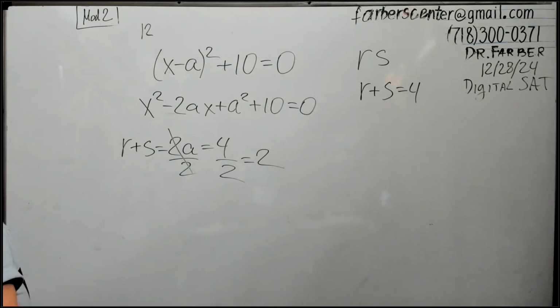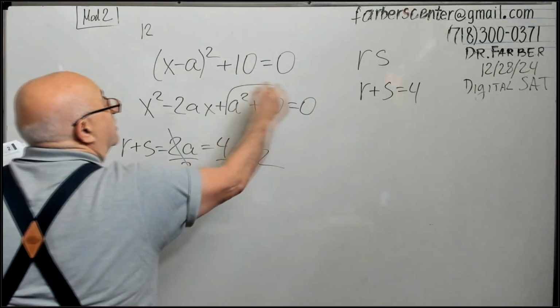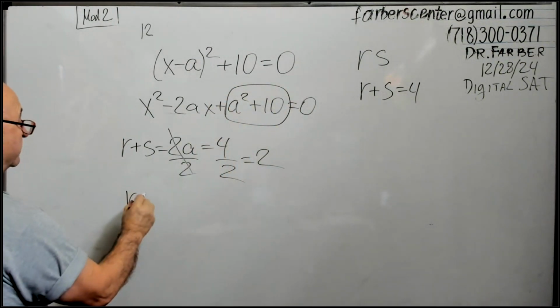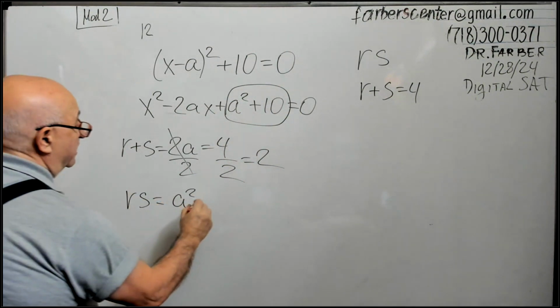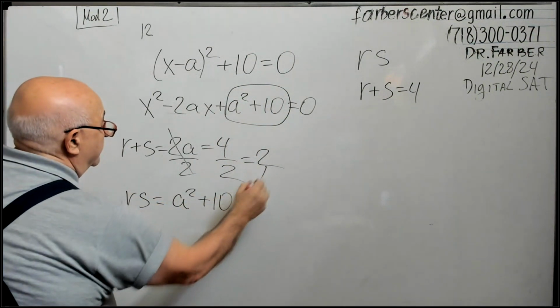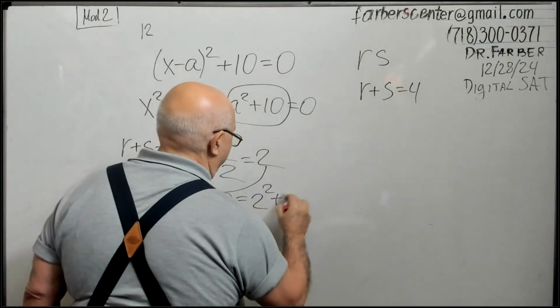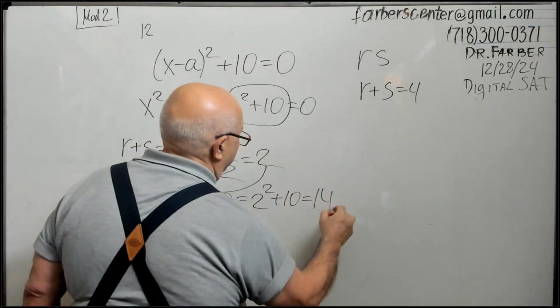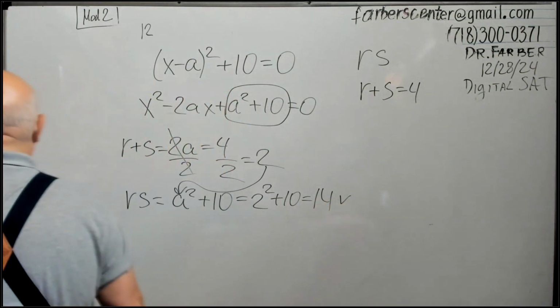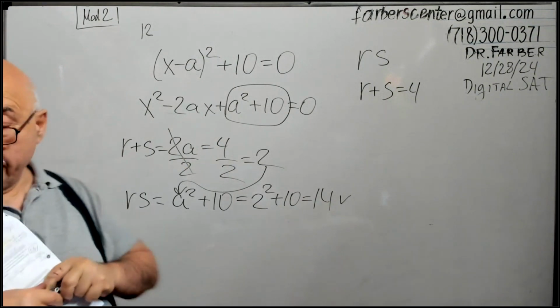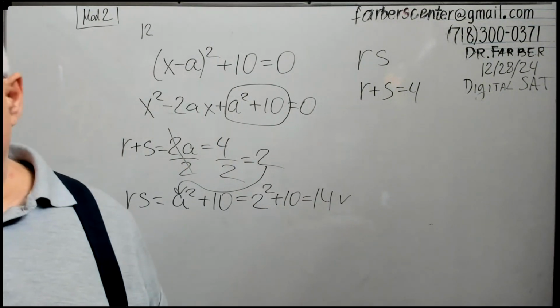And the product of these two roots equals this guy: rs equals a squared plus 10. But since a equals 2, it is 2 to the second plus 10, which is 14. Who understands 100%? I just used the Francois Vieta theorem.